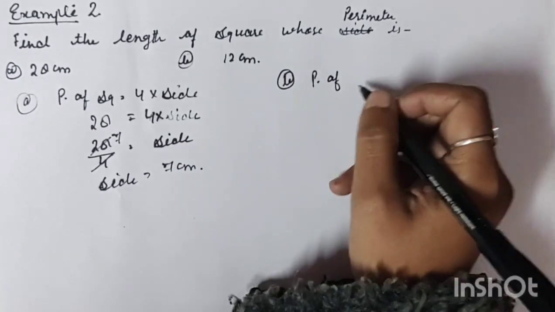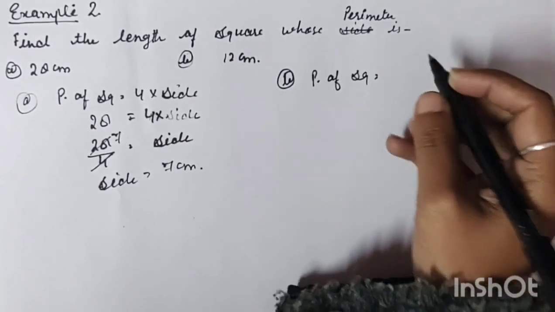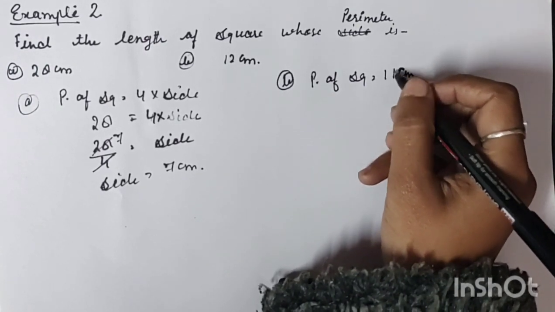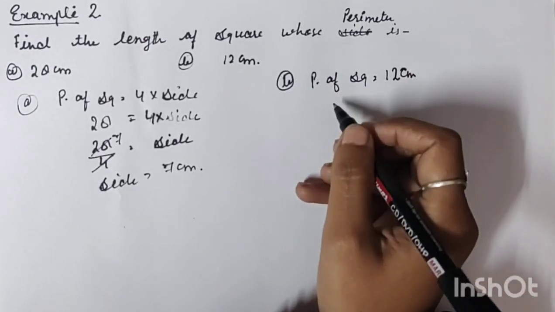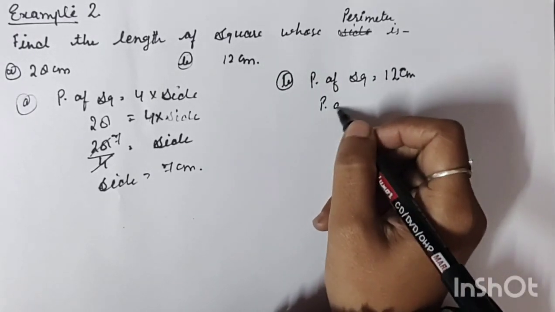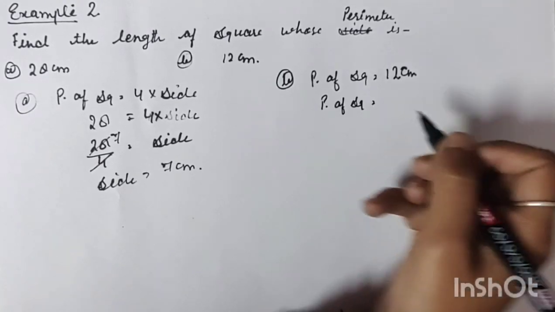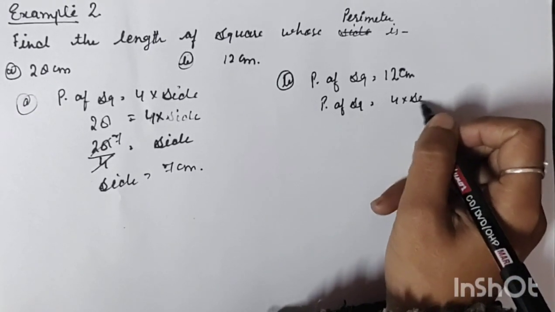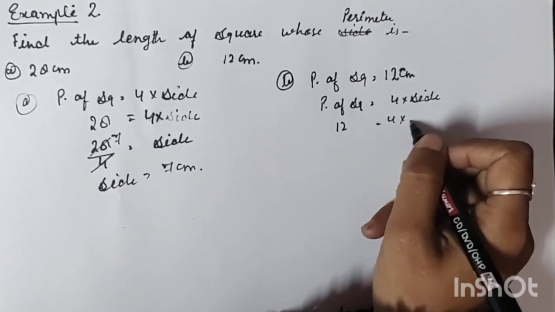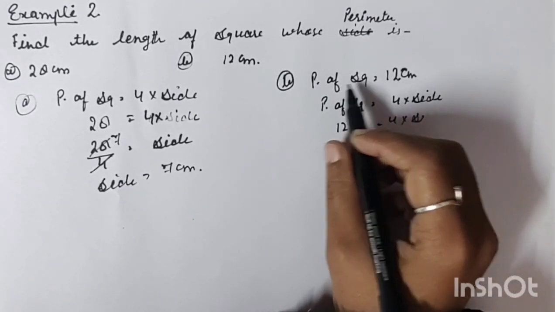Perimeter of the square is 12 centimeters, already given, and we have to find the value of the side. First of all we will write the formula. Perimeter of square is equal to 4 into side, so 12 is equal to 4 into side.